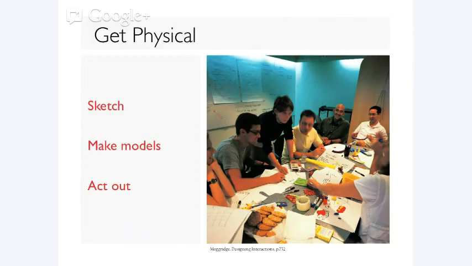Now, it still doesn't absolve you from then thinking through the design and really doing the implementation on your own. But to get ideas of what works, you shouldn't be afraid to look around in the world and see what people have done.